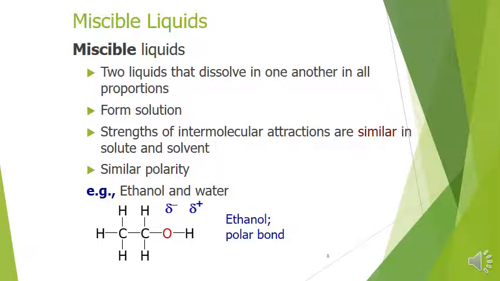Okay, miscible liquids. Miscible liquids are liquids that dissolve in each other and form a solution. For instance, take ethanol. A lot of people don't know what ethanol is or where you find it. Whenever I ask my students where they have heard ethanol, they go, oh, that's what's in gasoline.